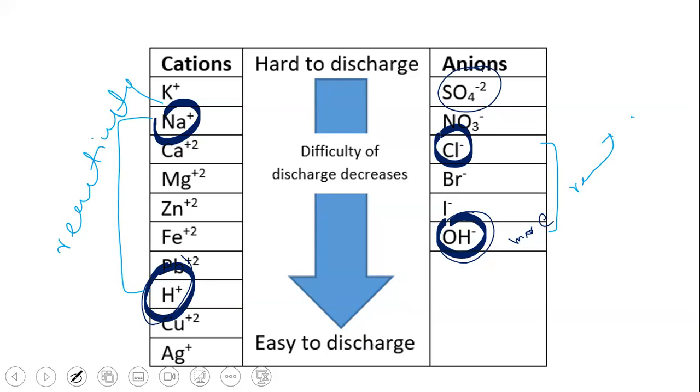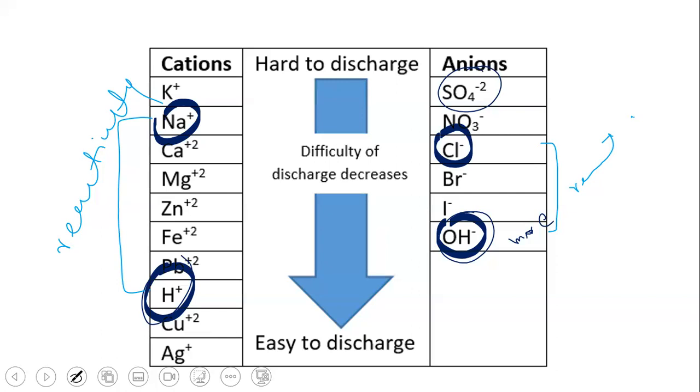So in hydrogen and sodium, the difference in reactivity is so much that even though we have a lot of sodium ions, it's really concentrated, the reactivity wins. Hydrogen is like, it does not matter how many sodium ions are present. I am so reactive, I can go to the cathode.